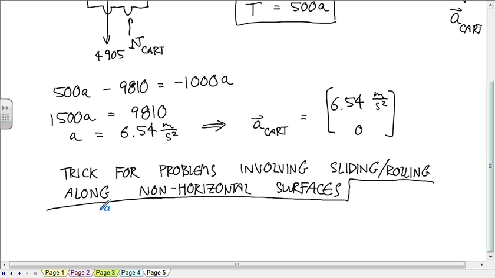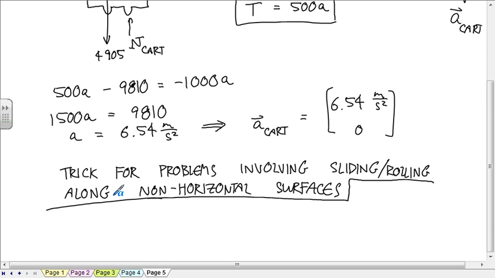And the trick is, now remember, we haven't fiddled with the coordinate systems at all. We've always just used a standard coordinate system with the positive x-axis pointing to the right and the positive y-axis pointing up.